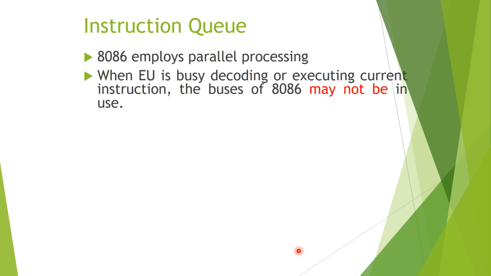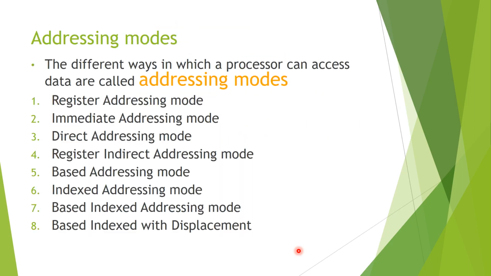Now next we consider the addressing modes. Now as in 8085 microprocessor we also studied the addressing modes. So the addressing modes are the different ways in which we can provide the data to the processor, or in which the processor can access the data.